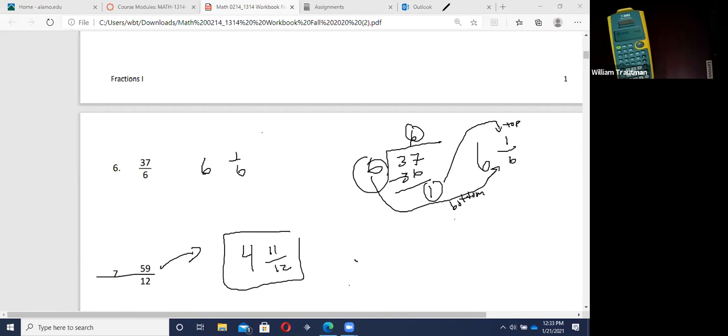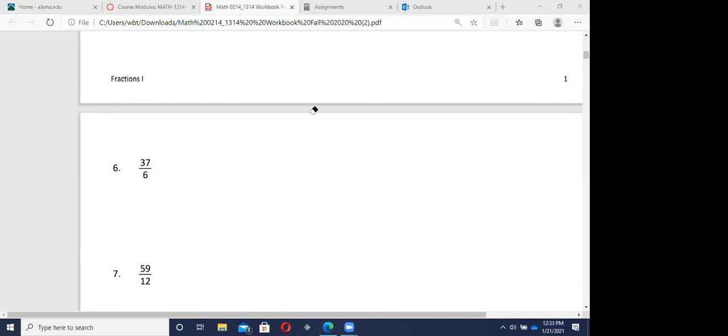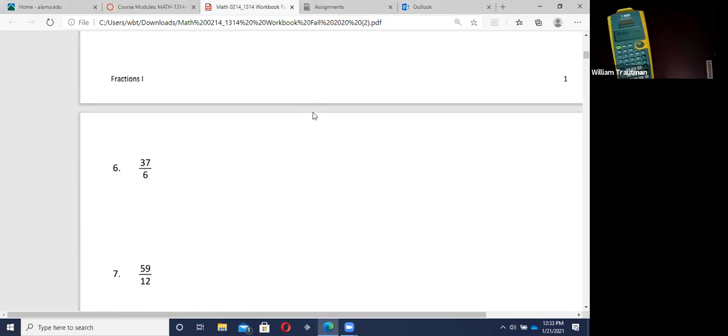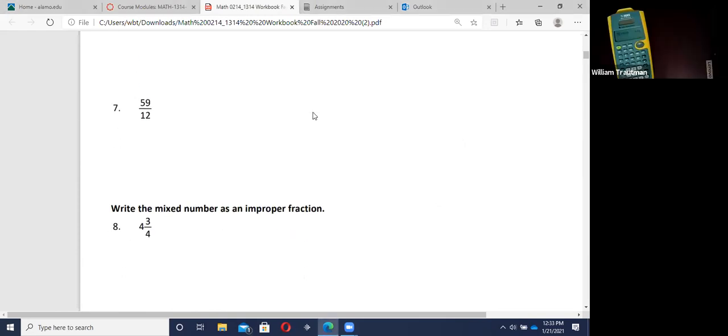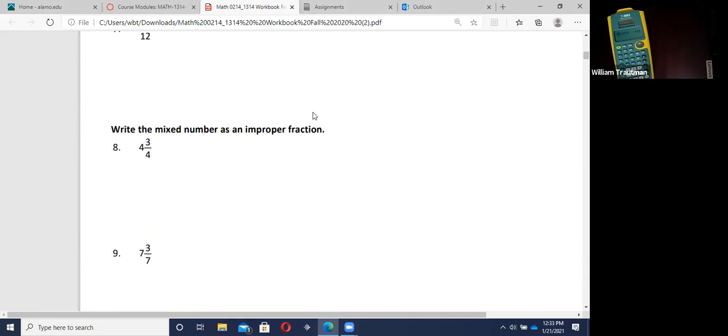All right, everybody okay with changing improper to mixed numbers? It's not too bad when you have the right calculator. And now they just want you to change mixed numbers to improper.